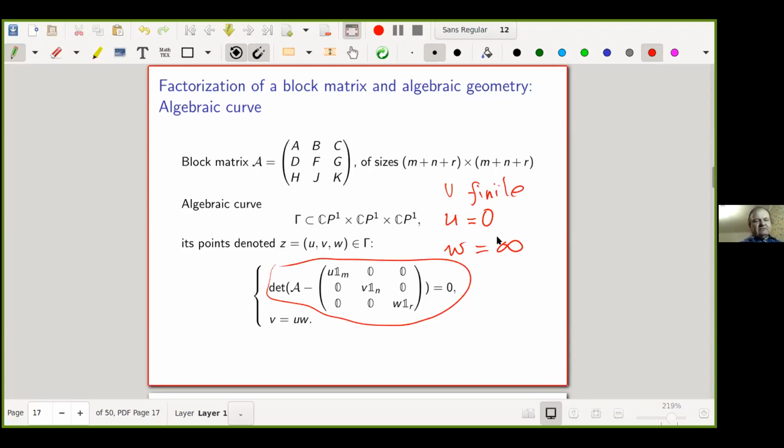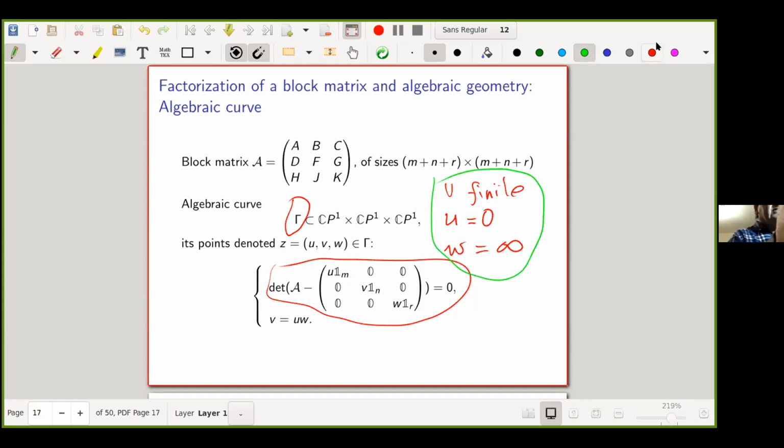This can very well happen, and there are some points on curve gamma where this exactly happens.